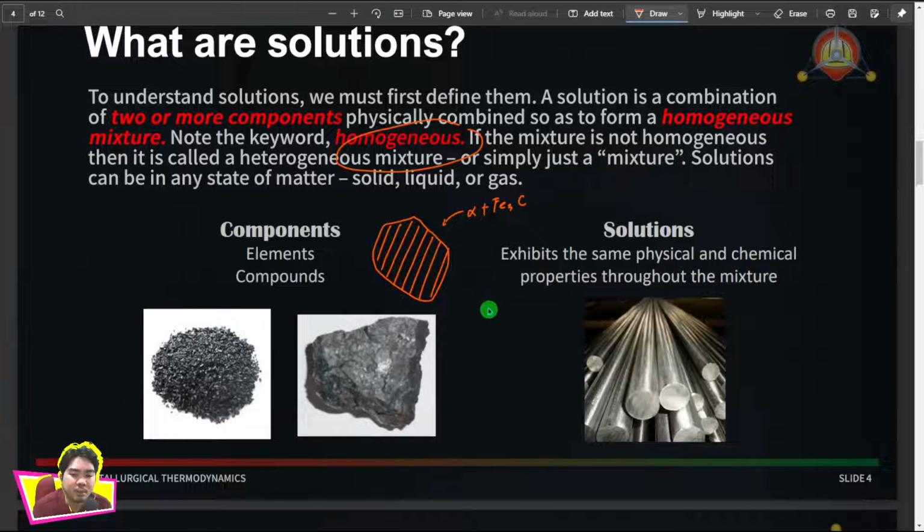But if you have something like alpha, ito yung grain natin, tapos may alpha ka dyan, tapos meron siyang dissolved carbon. So in the alpha, let me double check, if I remember my phase diagram correctly, kaya ng alpha hanggang 0.02. Kasi dun sa left side ng phase diagram, ito siya, si alpha.